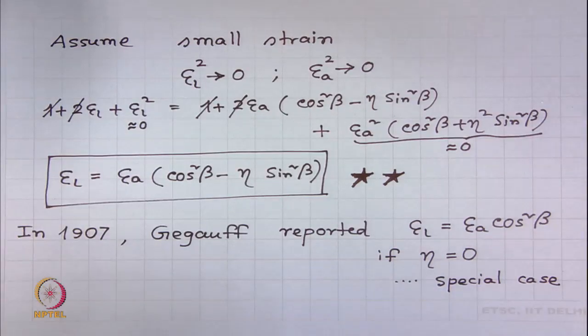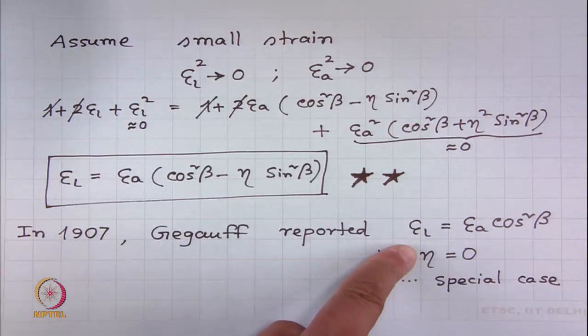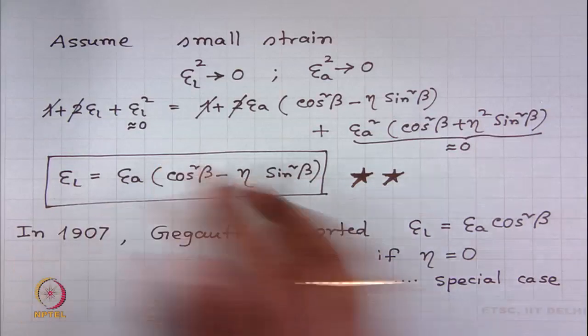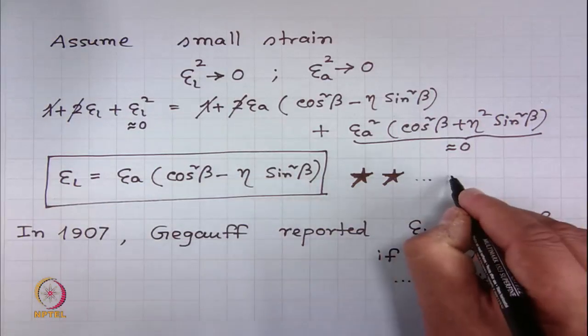When there is no radial contraction in yarn, fiber strain is equal to yarn strain into cos square of twist angle. However, this expression is a more generalized one.